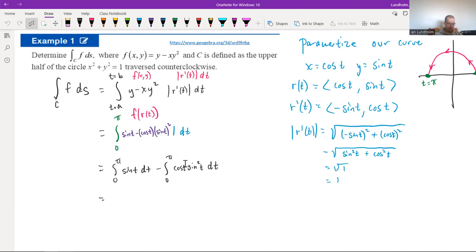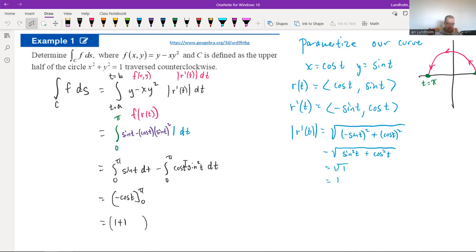The integral becomes negative cosine t from 0 to pi, and then I'm going to go ahead and throw that in. So negative cosine of pi would be 1, and then minus negative cosine of 0 would be minus negative 1, so that would be plus 1. I believe that this becomes 1 plus 1 for this part.